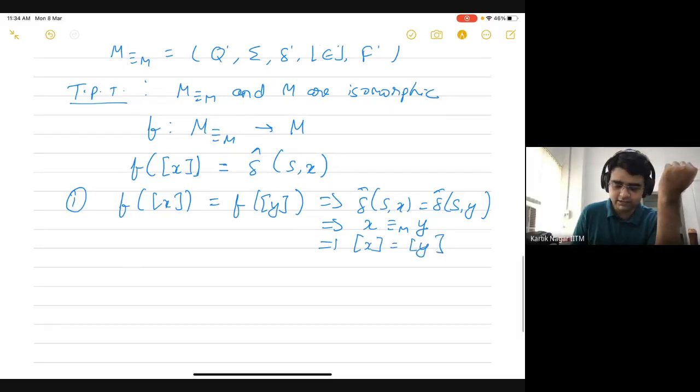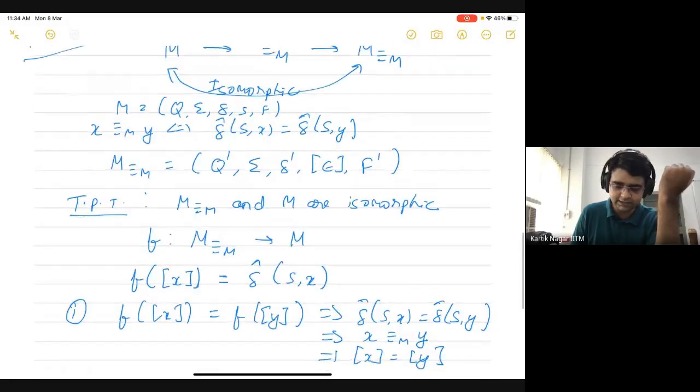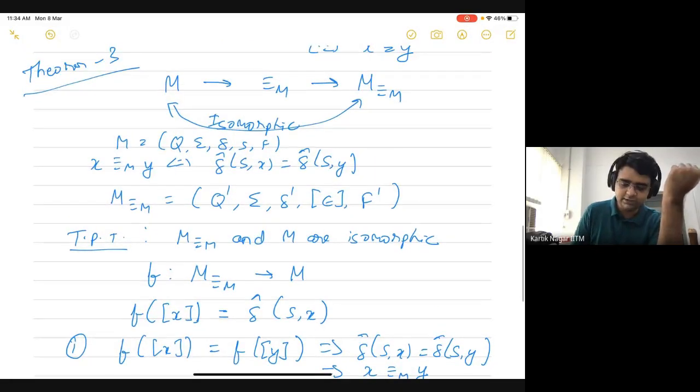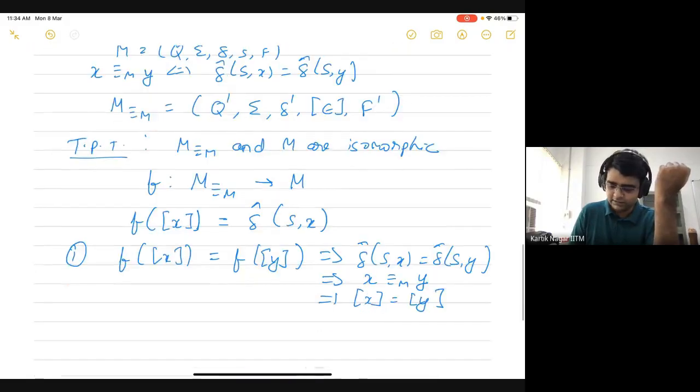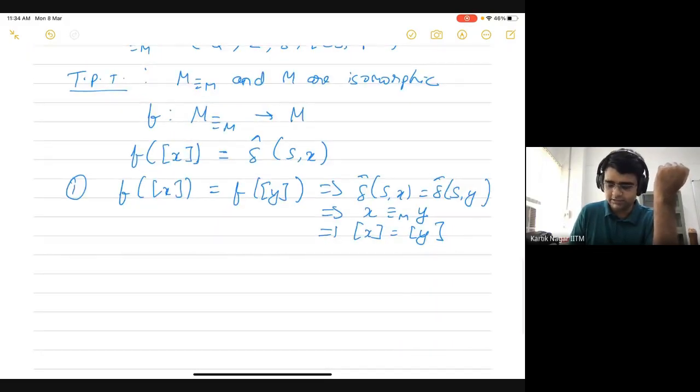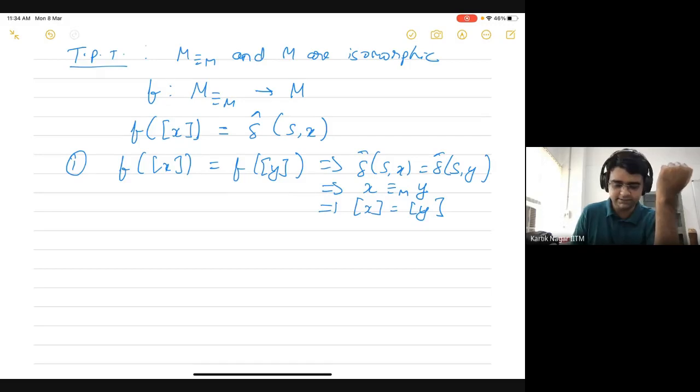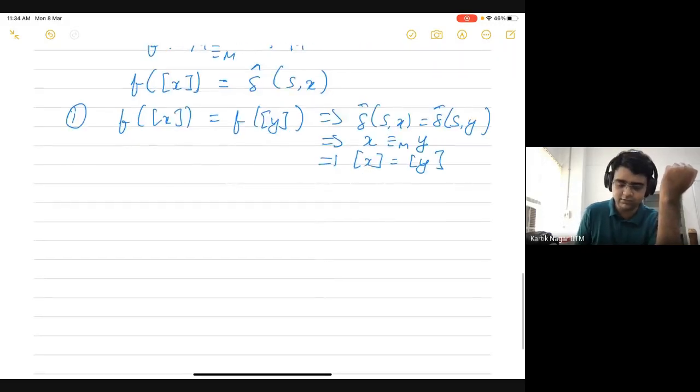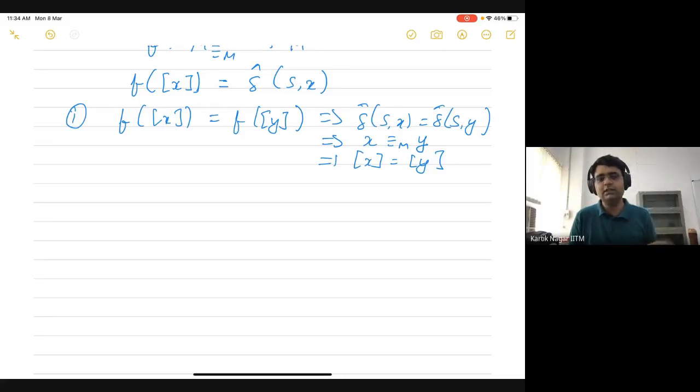Here there is only one equivalence relation, which is this relation that is induced by the automaton, and that's why the equivalence classes will be the same. Okay, so this means that the function is one-to-one, and we also need to show that it is onto, which means that for every element of the codomain, there must exist some element of the domain such that f of that element is the element in the codomain.